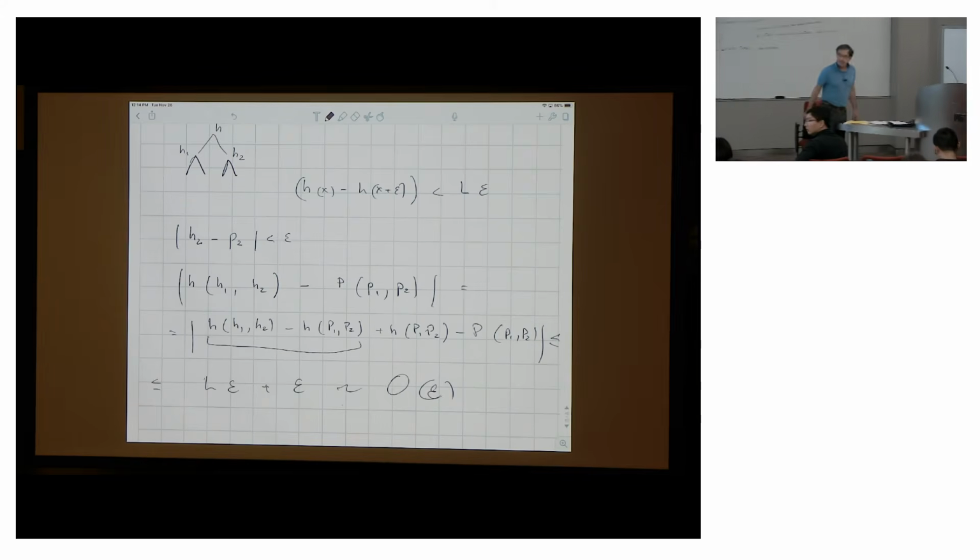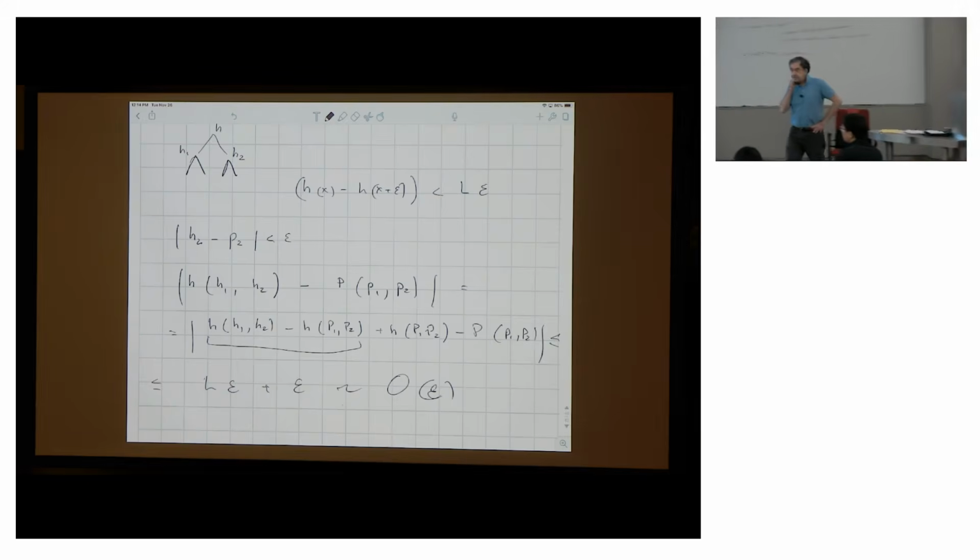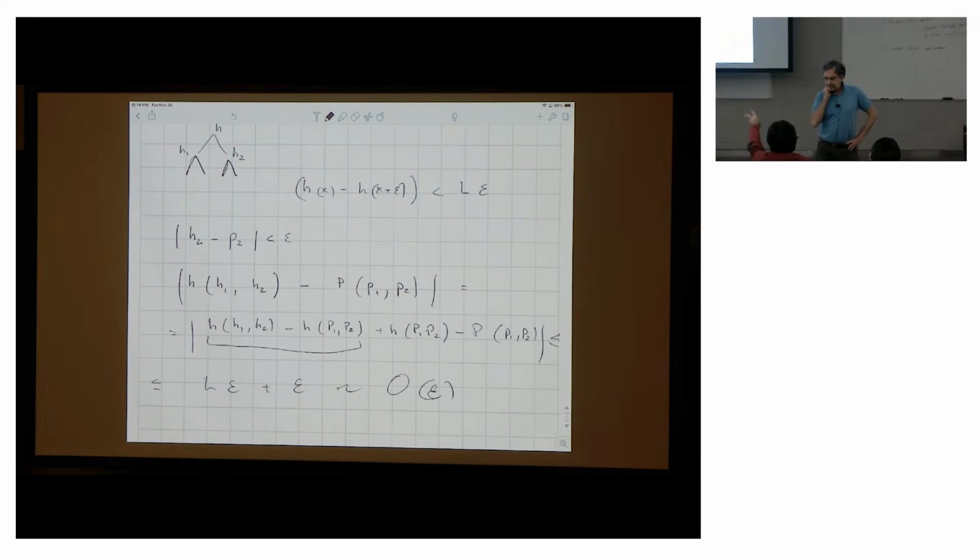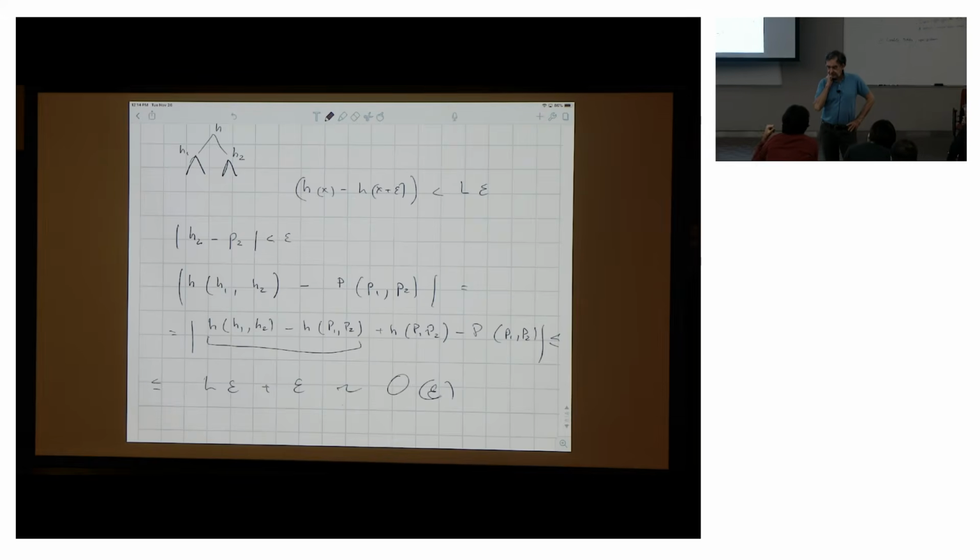The Sobolev condition: being in the Sobolev space implies that all of these small functions are Lipschitz. Yeah, if you have a continuous, bounded derivative, they're Lipschitz, yes. But L can potentially be large. Yeah, in principle, yes.